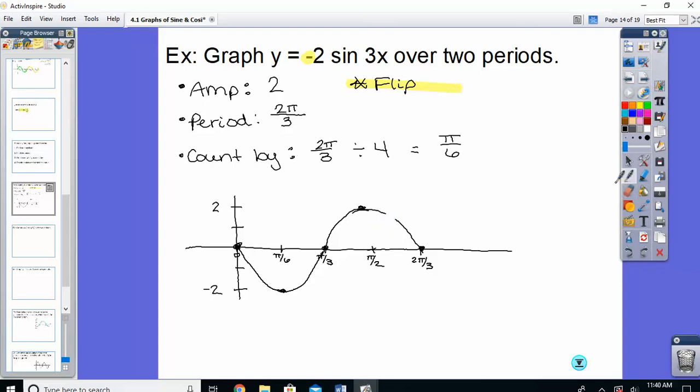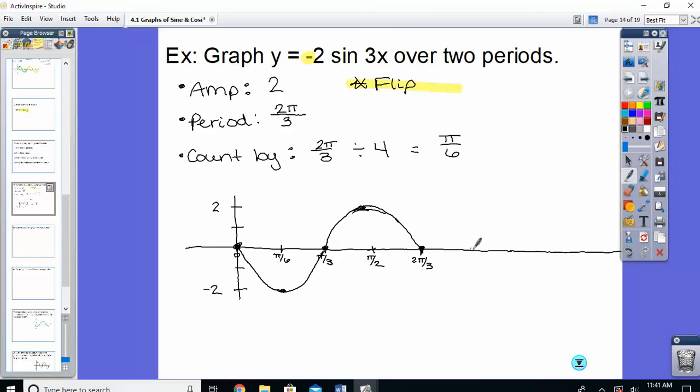Now, what did I say in the directions? 2 periods. So if I want 2 periods, what do you think I need to do? Keep going, right? How many additional points would I need? This is my first point, so I need 4 more after that. So if I ask for 2 periods, you just tack 4 more points on.